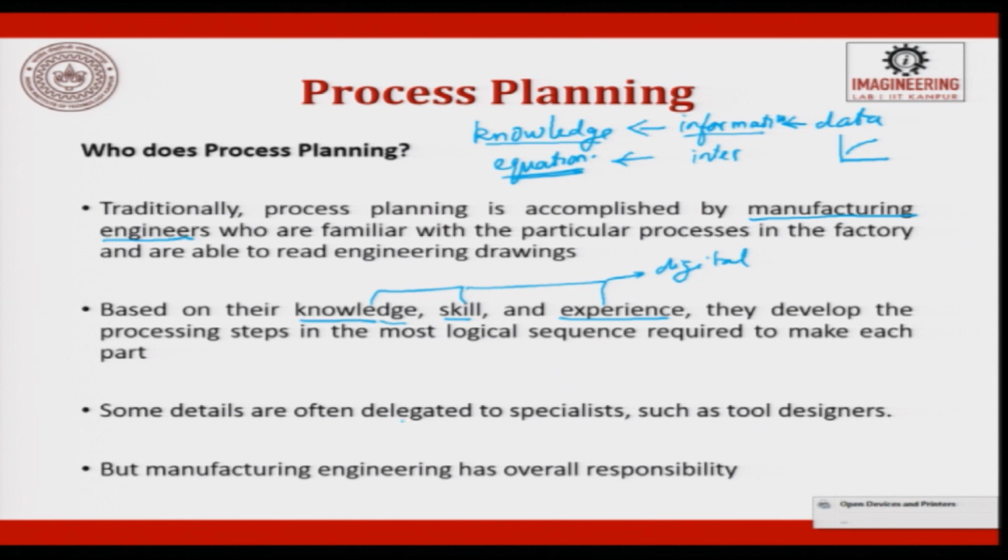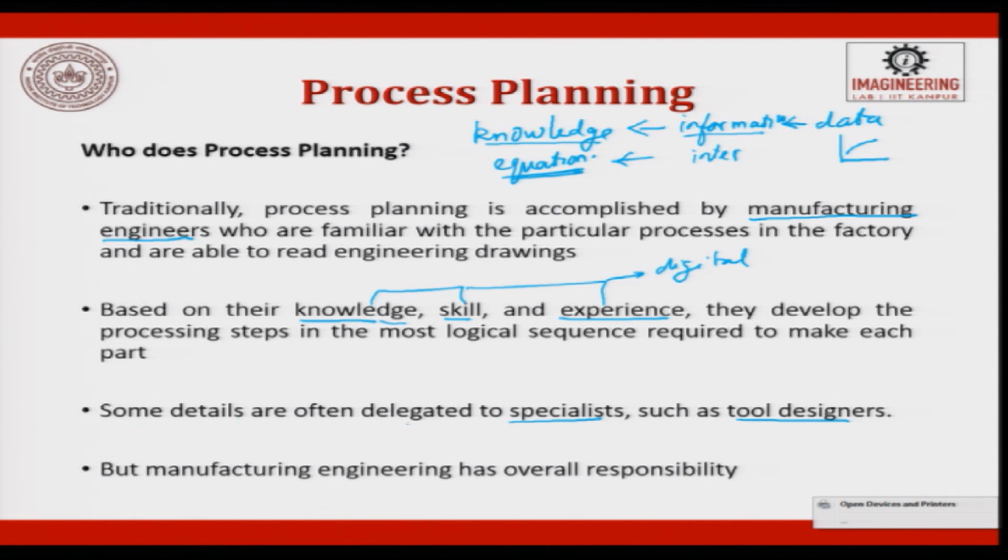Some details are often delegated to specialists such as a tool designer. Suppose you are very clear that this has to be done, this is the process to be done, and a die has to be made. You need not have micromanagement or micro details about a die. At that point of time you know, okay, I have to meet the specialist and get the data.